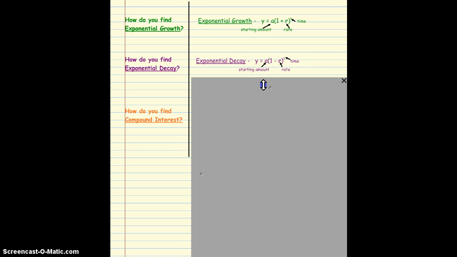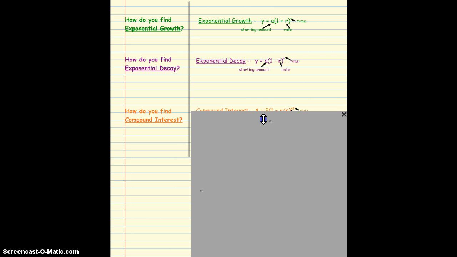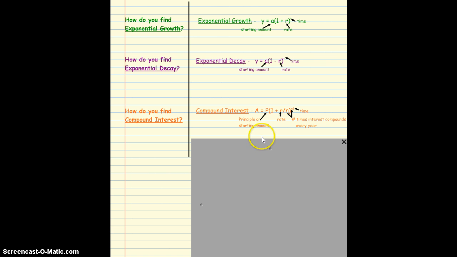This was what lots of banks and credit cards and mortgages all deal with. To find compound interest, to find the amount of interest, that equals p times, in parentheses, 1 plus r divided by n to the exponent of n times t. Now p is your principal, or your starting amount.